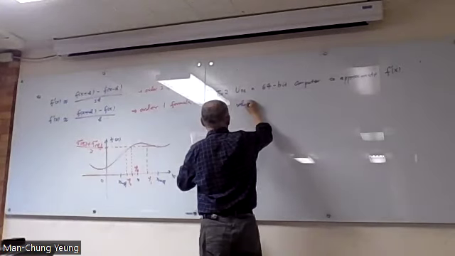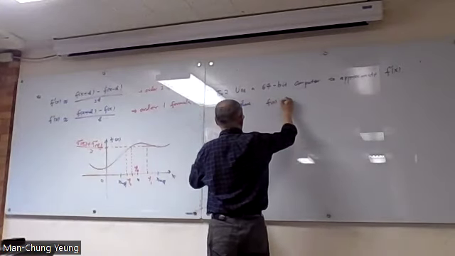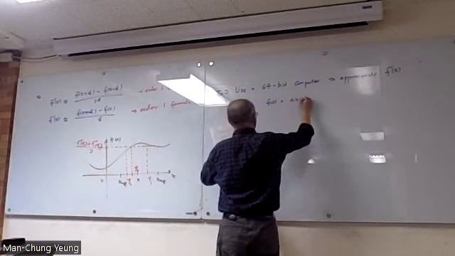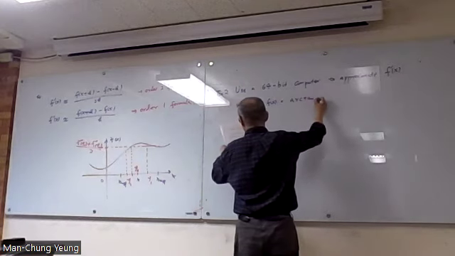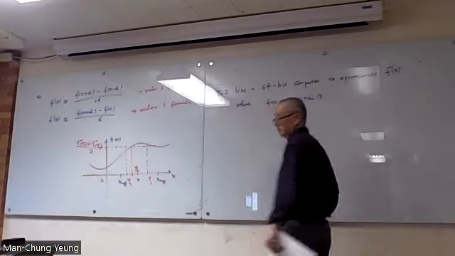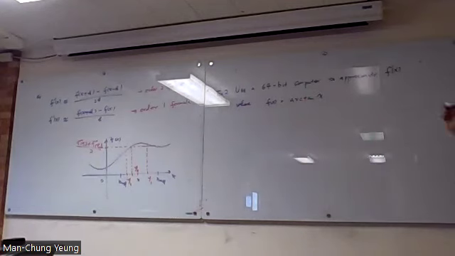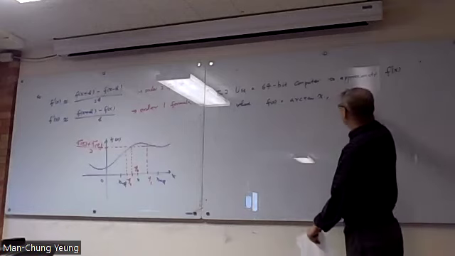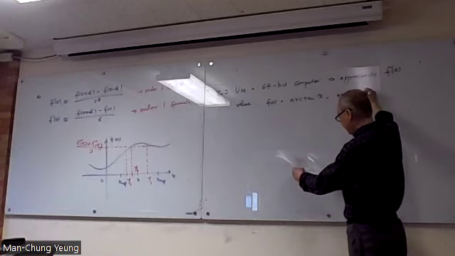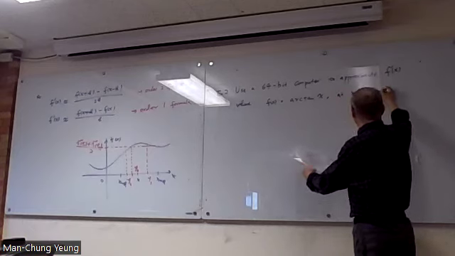What is the function? The function is arctangent x. I want to compare the derivative at which point? At the point square root of 2.